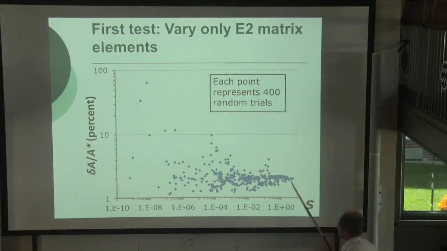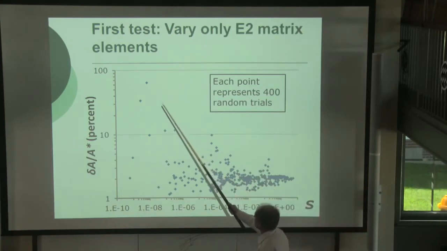In general, yes, there is a tendency that strong transitions are better than weak ones, but even within a range of close line strengths, you see some transitions that differ from others by a factor of 10 in their sensitivity, or even for weak transitions.